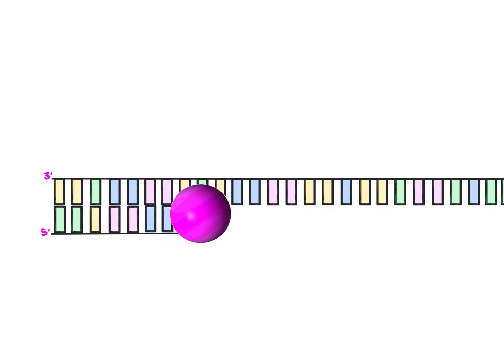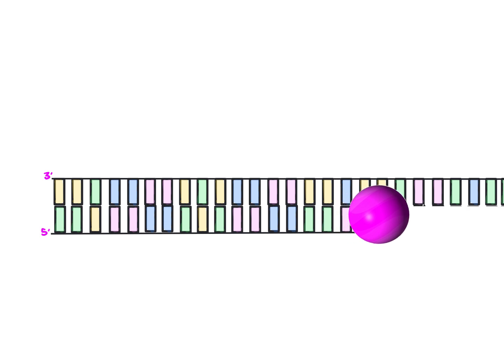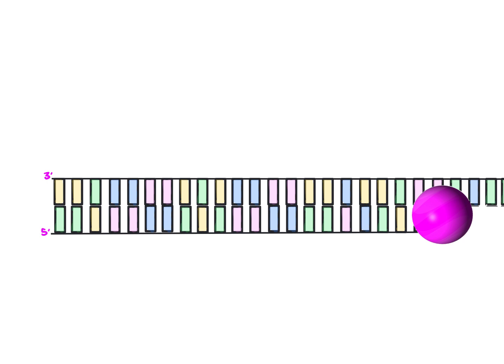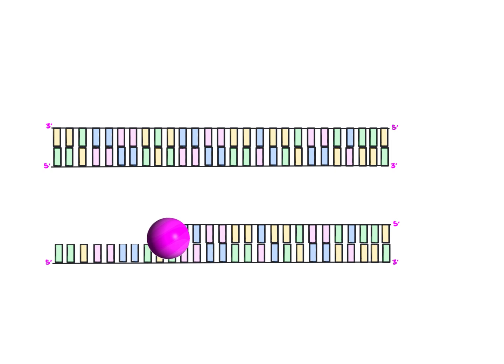DNA polymerase moving along here, replicating the DNA in the leading strand, so from the 5' to the 3' end. You see the DNA polymerase doing the same on the lagging strand.